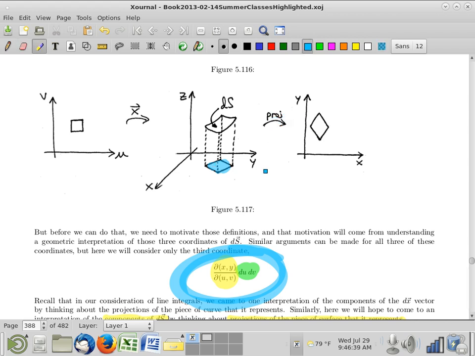I don't have to view it as a composed function. I can just literally view that as how big is the area in the XY plane that I get when I take the piece of surface in question and project it down into the XY plane, like so.